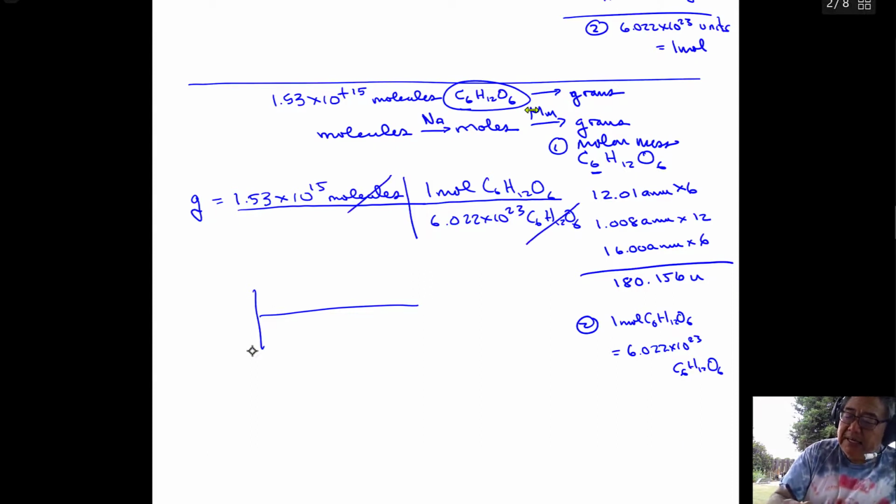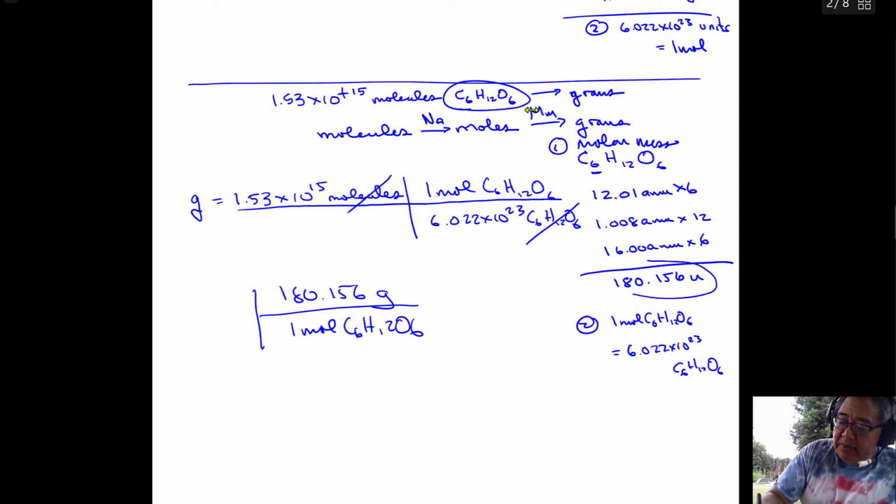I need the moles to cancel out, so that needs to go on the bottom. And on top, I'm going to use 180.156 grams. Because remember, this number, in addition to being representative of atomic mass units, is also the mass of 1 mole of glucose molecules.